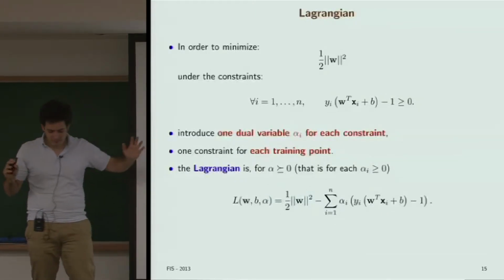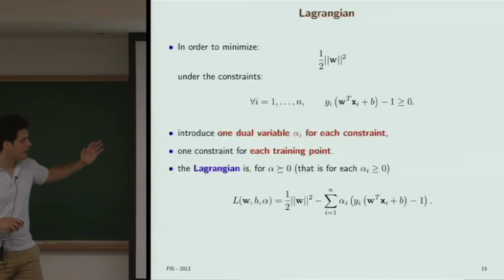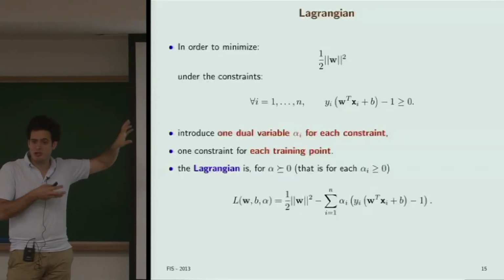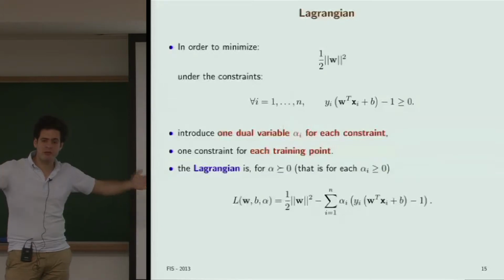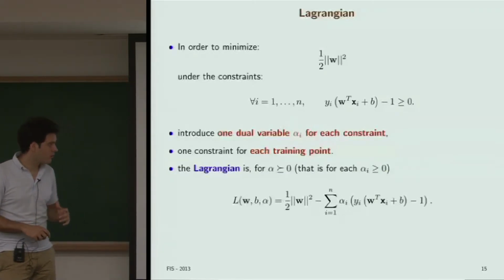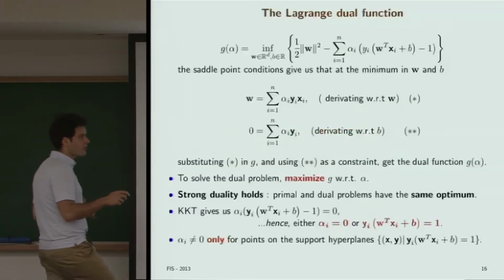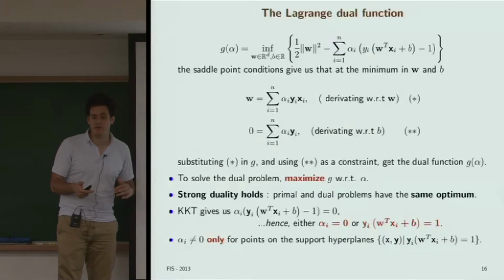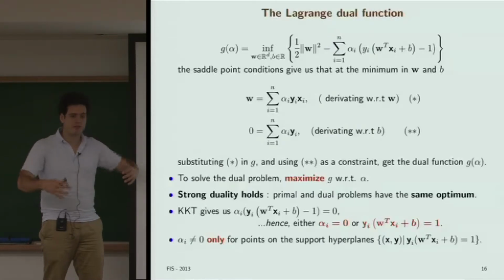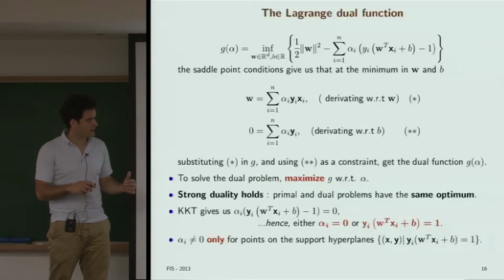Again, I will recapitulate once more. We have a primal problem which is split between objective and constraints. We form the Lagrangian which puts everything together by giving a price to each constraint. We call the Lagrange dual function the problem of minimizing this pooled objective with respect to the initial variables. This is much easier to optimize because there is no constraint here.